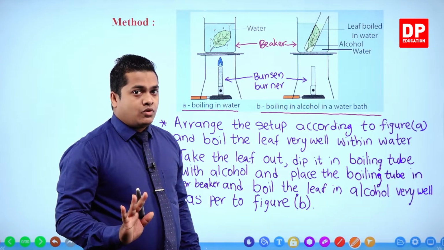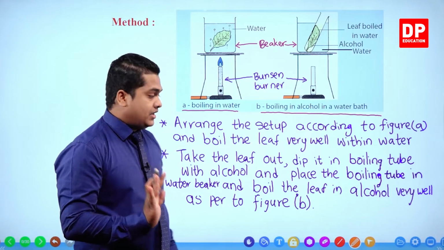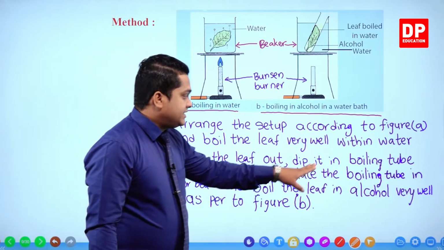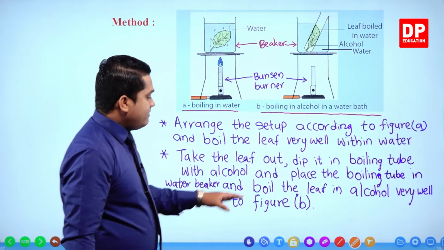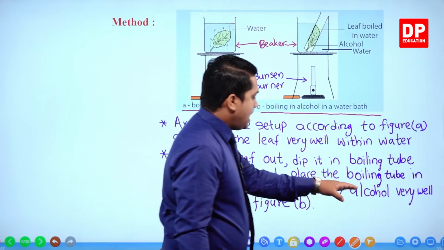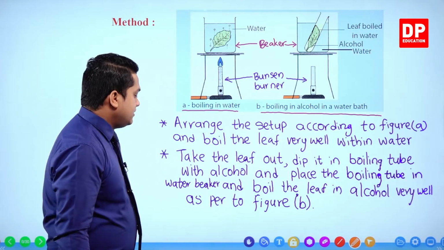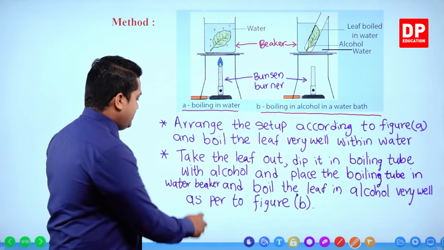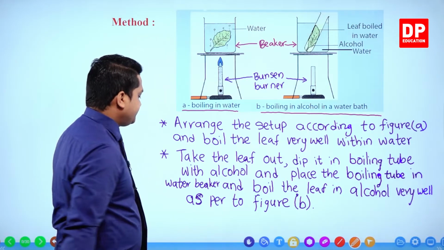Otherwise it will explode and you might get burns. So remember that. Place the boiling tube in water beaker and boil the leaf in alcohol very well as per figure B. According to figure B, you have to heat the system very well.